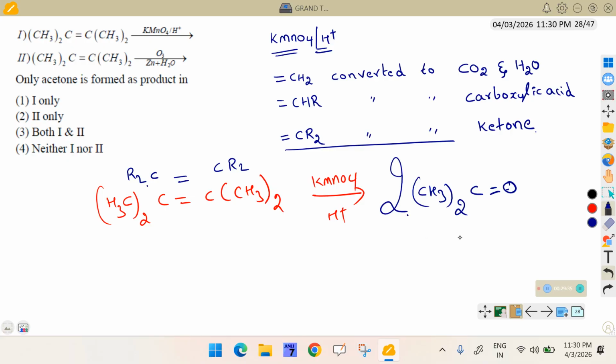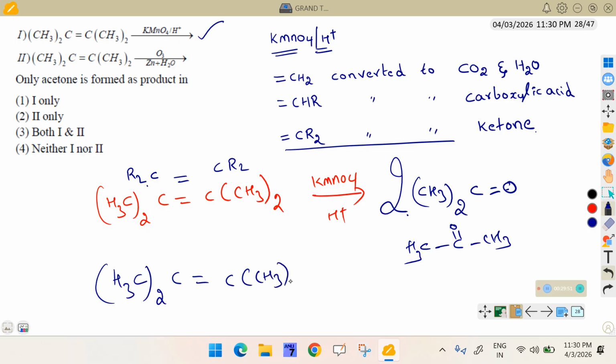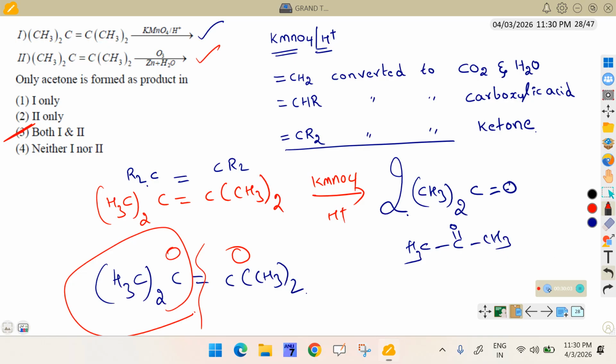Nothing but C double bond O, CH3. Acetone is formed. Here the product is acetone. Reductive ozonolysis: (CH3)2C double bond C(CH3)2. Break the double bond, left side oxygen, right side oxygen. Yes, here also acetone is formed. In both cases, acetone is formed as a product.